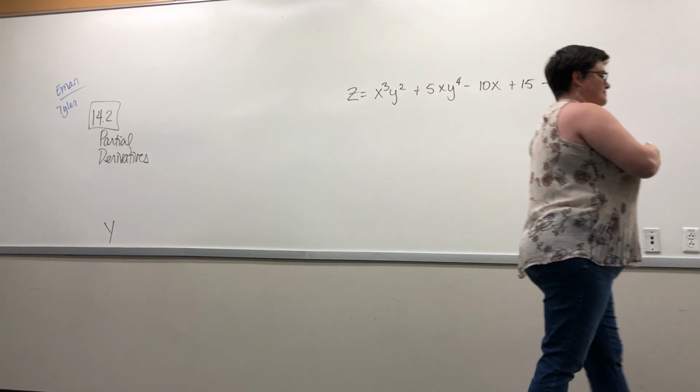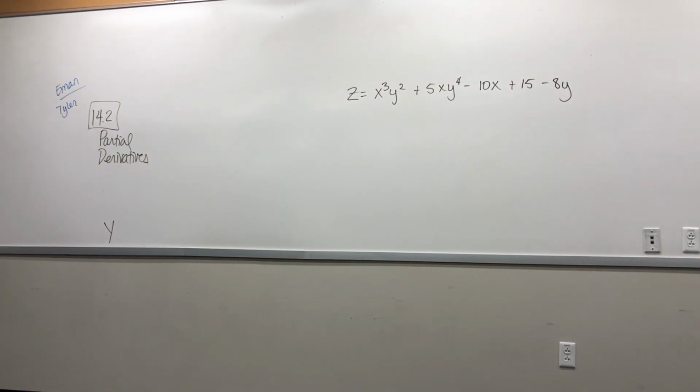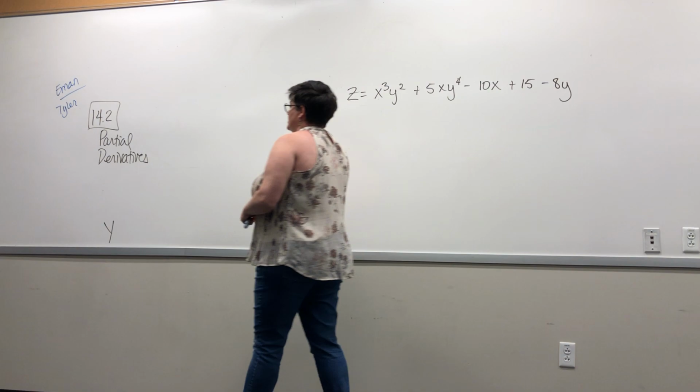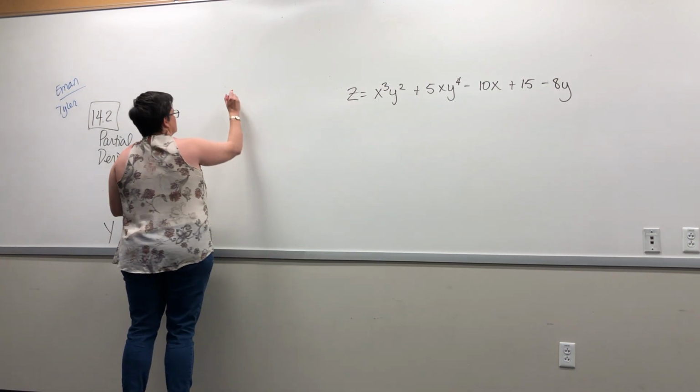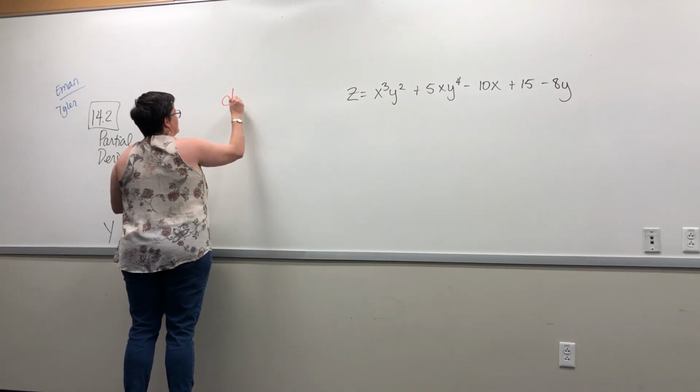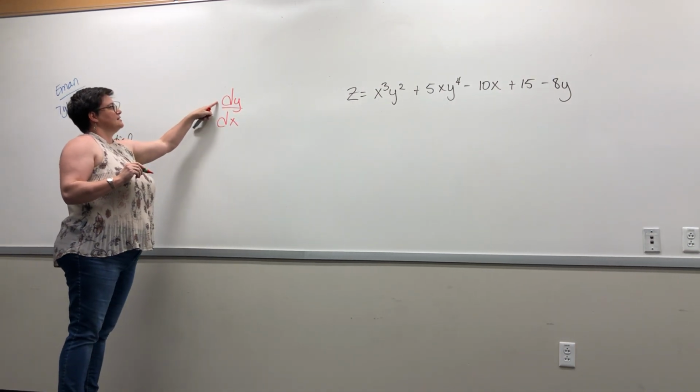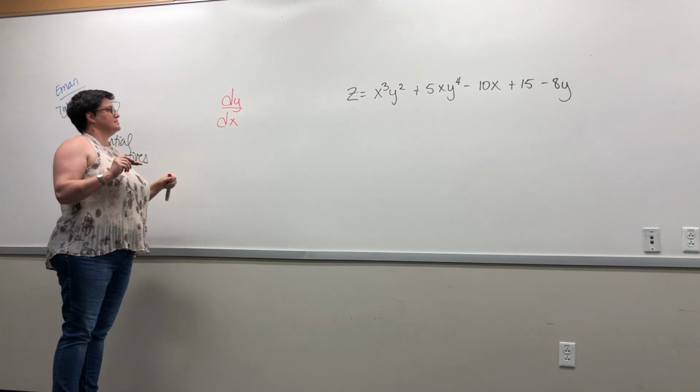Okay, guys. Write down that formula, or equation. And I'm going to introduce you to a new symbol. You know how before we did the derivative of y with respect to x? And this is like a nice, tall, straight d.